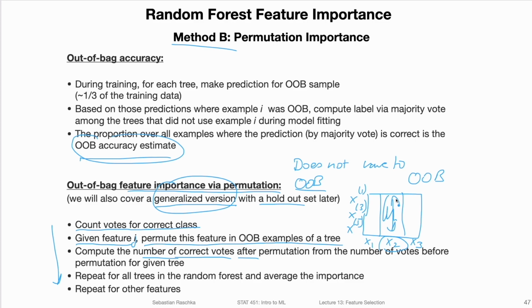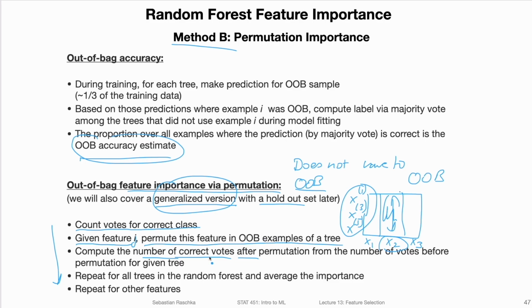The more the number of correct votes changes, the more important the feature is, because the decision trees have heavily relied on that feature to make predictions for these data points. So the shuffling tells us how heavily a feature is used in the decision trees, and that is correlated to how good the predictions are before and after shuffling.